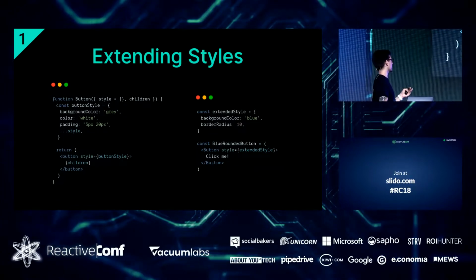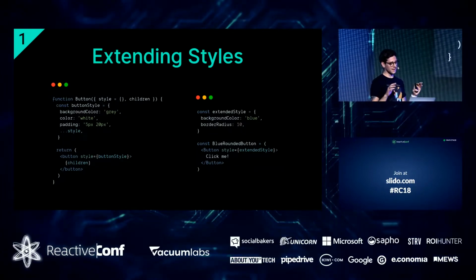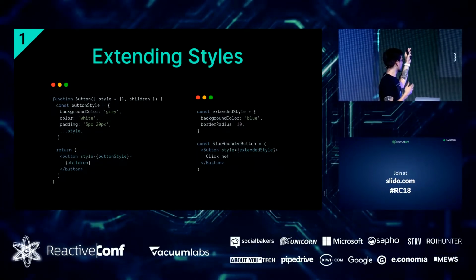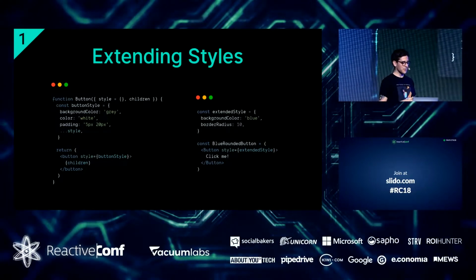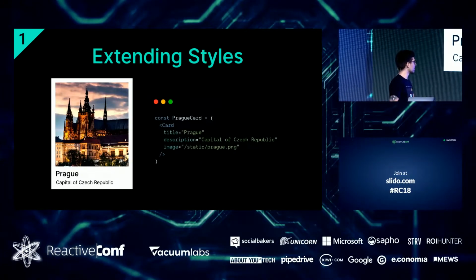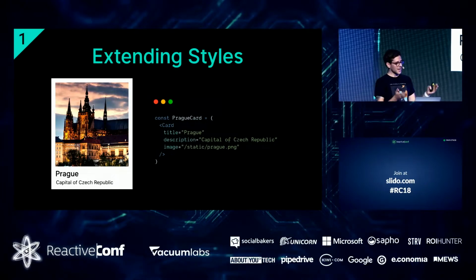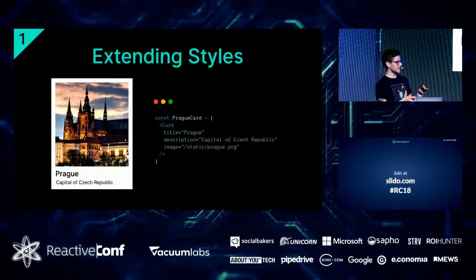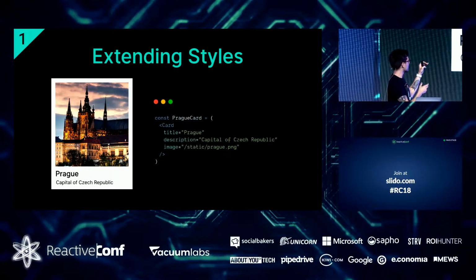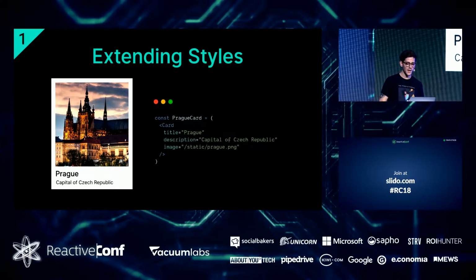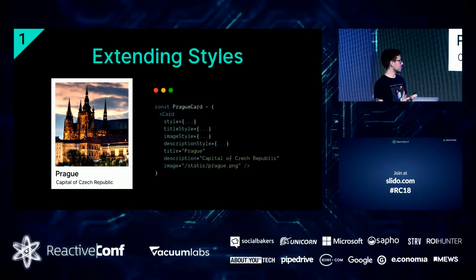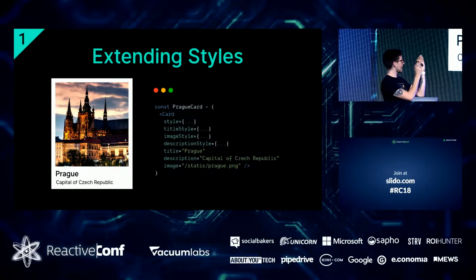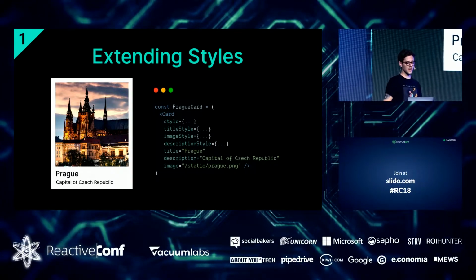And OK, now it might be reasonable for single element components like this button that just renders one node element. But what if we look at this card component again, which has multiple elements, and now let's say we want to customize every single element of this component. And we would have to use many different style props just to achieve that.